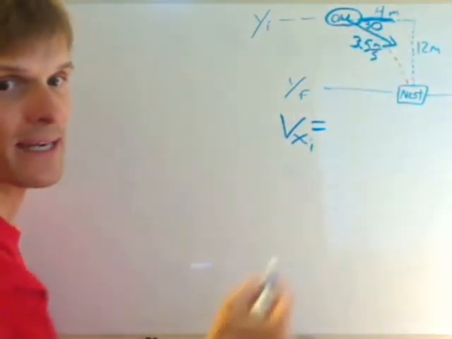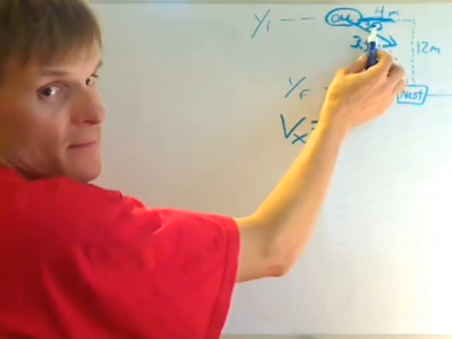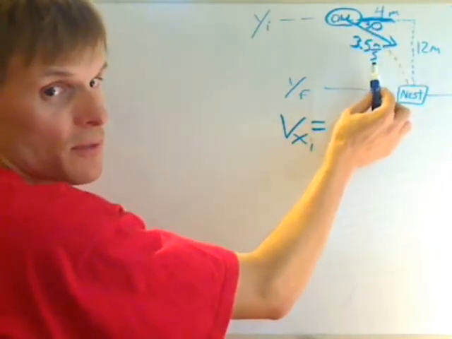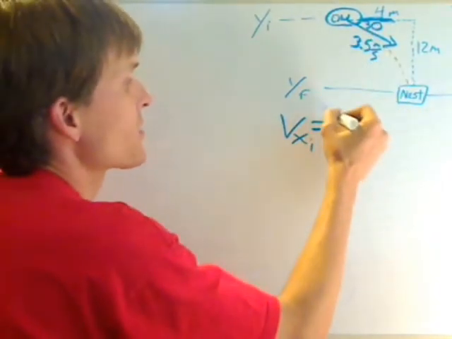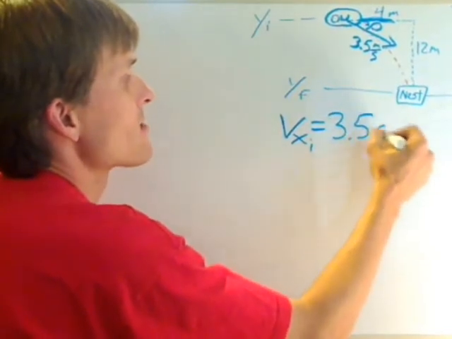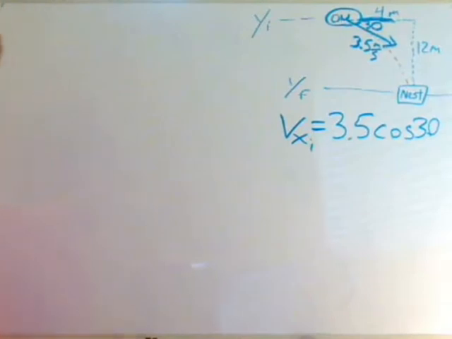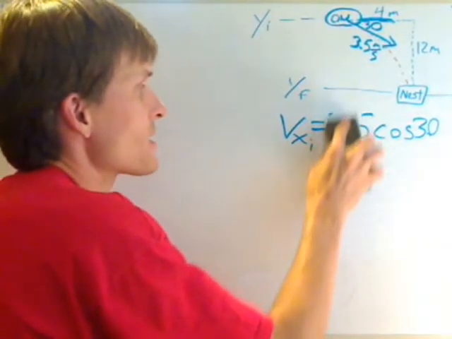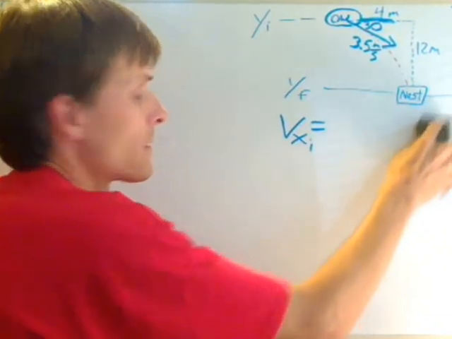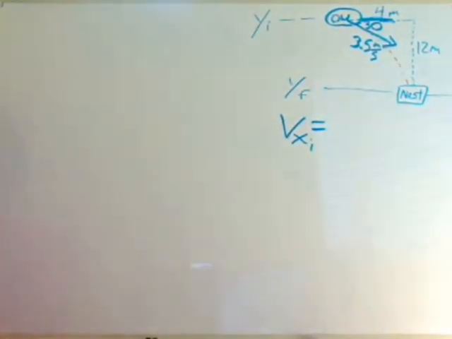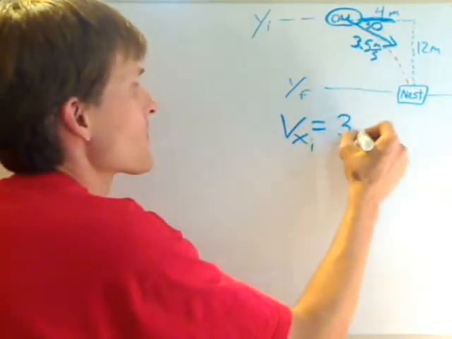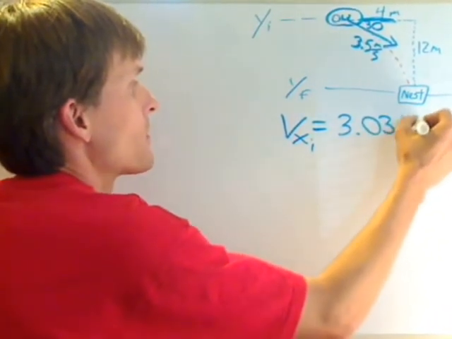To figure that out, we need to take the cosine of 30 and multiply it by 3.5. So that would be 3.5 times the cosine of 30. You do that calculation, and you get 3.031 meters per second.